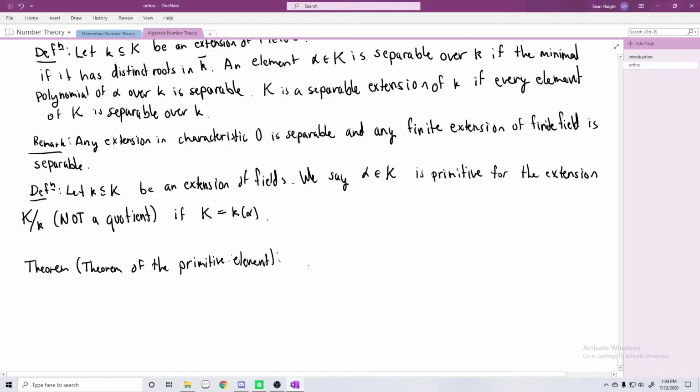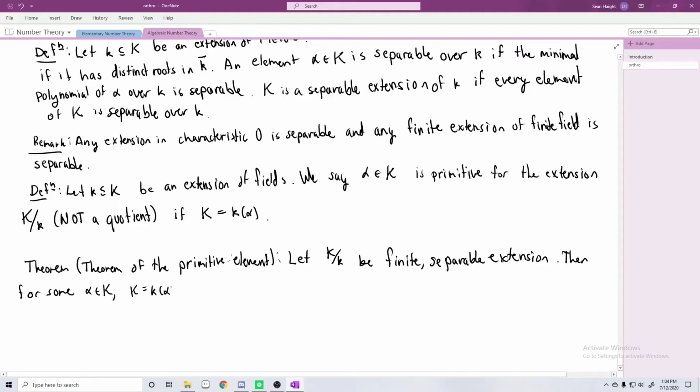It says let big K over little k be a finite separable extension, then for some alpha in big K, we have big K equals little k join alpha.